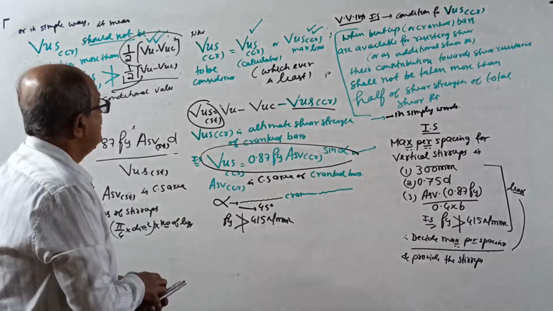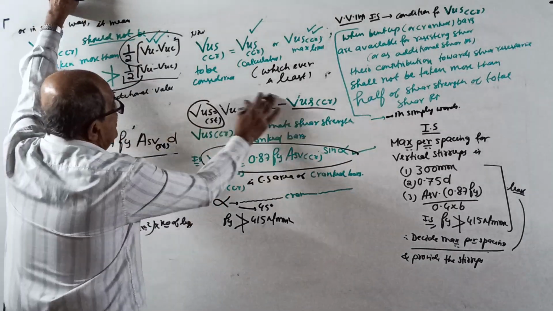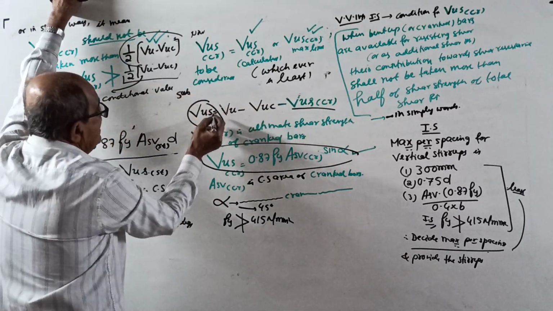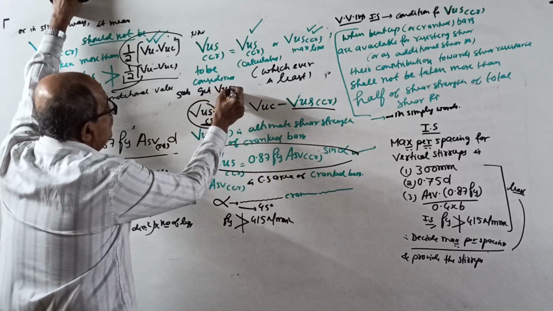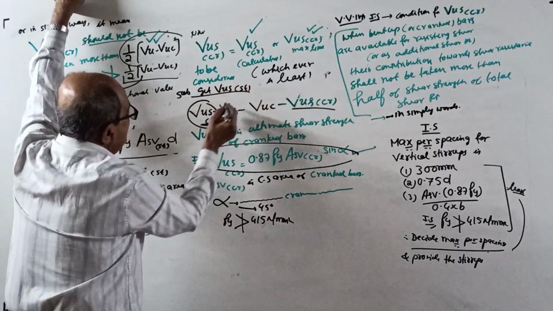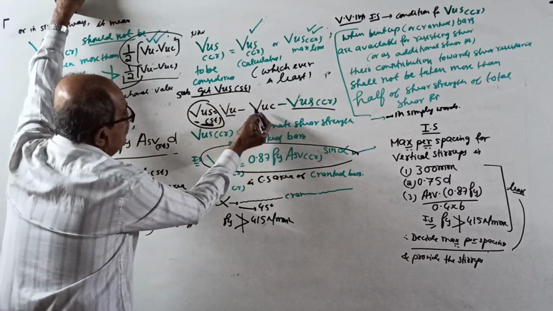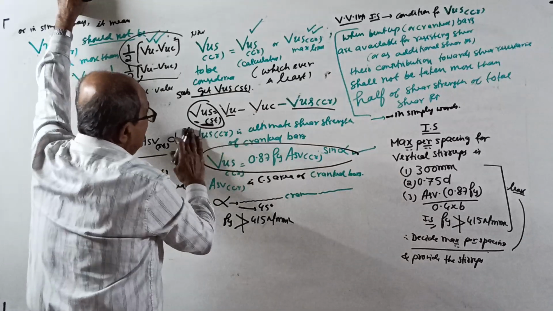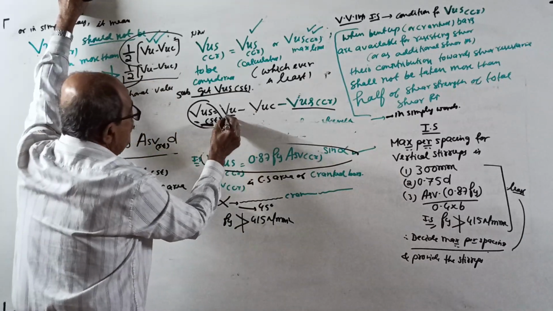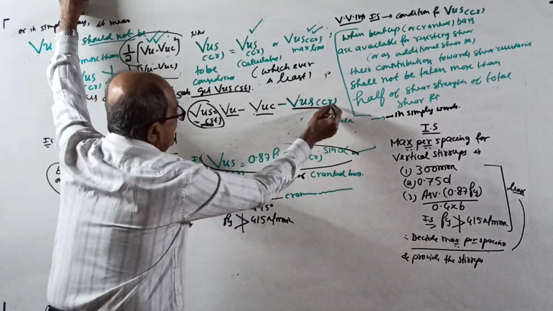Now, substituting, get VUSST equal to VU minus VUC minus VSCR.